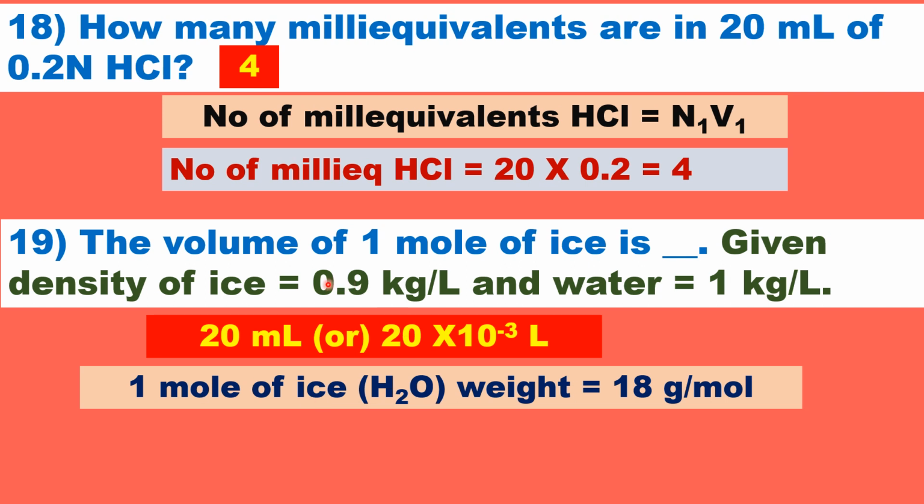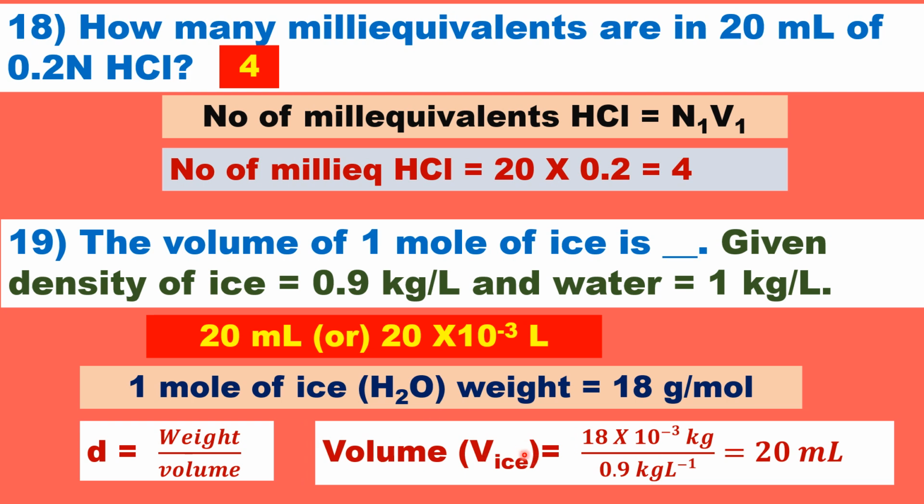Let us now see how it is obtained. 1 mole of ice, 1 mole of water, weight equal to 18 gram, or 1 mole of ice weighs 18 gram. We know density is given, density equals weight of ice divided by volume of ice.